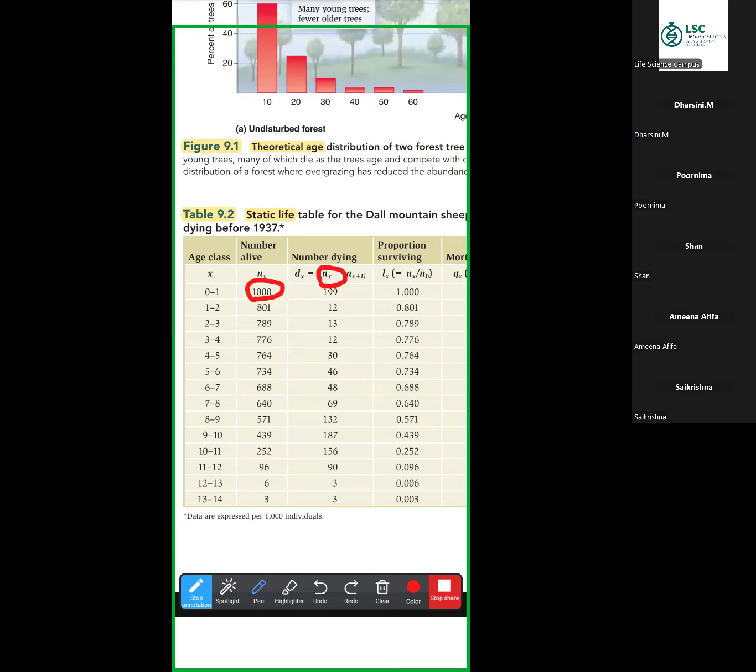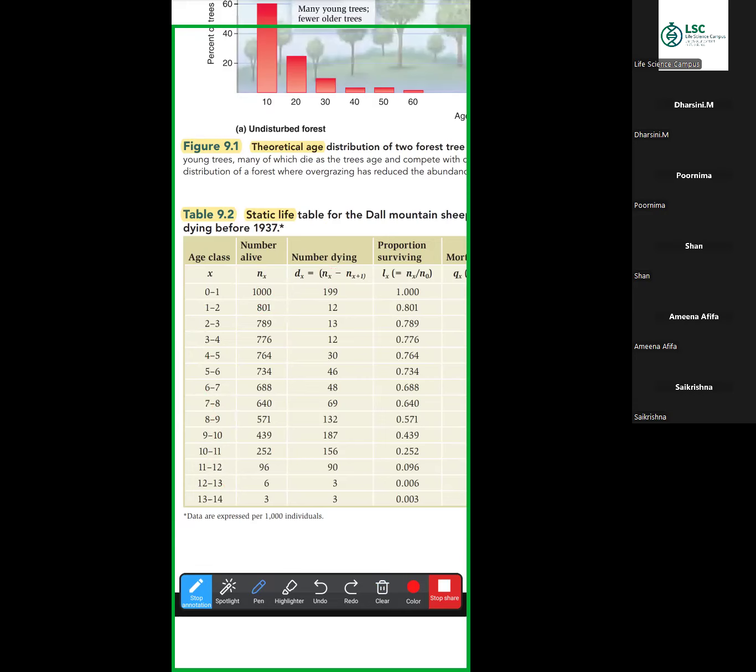So in each age class, Nx will vary. In the first age class it is 1000, in the second age class it is 801. Nx simply means the number of individuals present in that particular age class. N0 means the number of individuals present at the start of the age class, so in this case it will always be 1000.